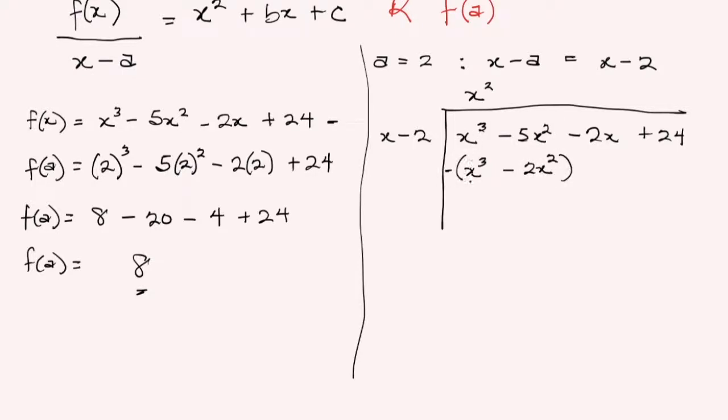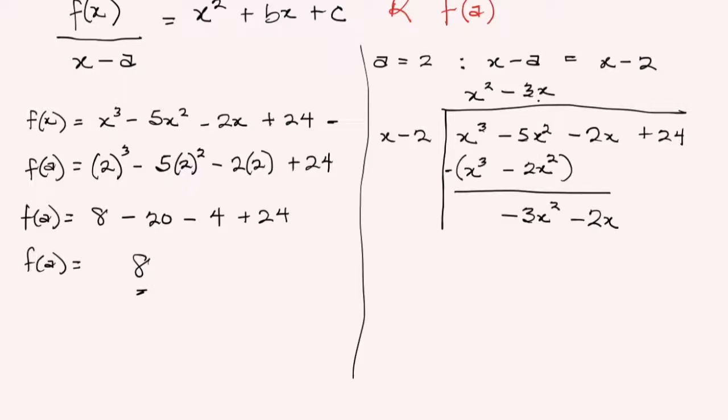If we subtract everything in this bracket, we have x cubed minus x cubed. That cancels out itself. And we have minus 5x squared minus minus 2x squared. So minus times minus becomes plus, and minus 5x squared plus 2x squared becomes minus 3x squared. So we bring down the next term here, which is minus 2x. Minus 3x squared divided by x is equal to minus 3x.